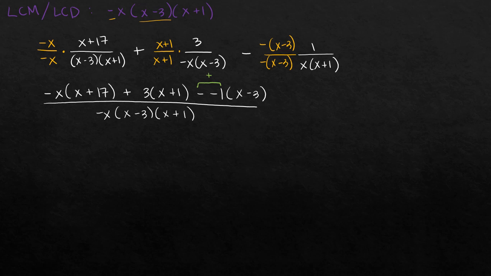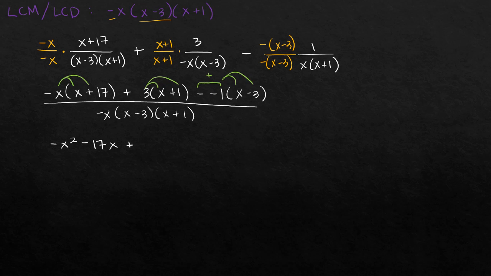Okay, so what happens with my numerator when we do go ahead and distribute wherever we can? So we'll distribute, I guess, 1 across x minus 3. Not much going to happen there. But let's start at the beginning. Negative x times x plus 17. We get negative x squared minus 17x.